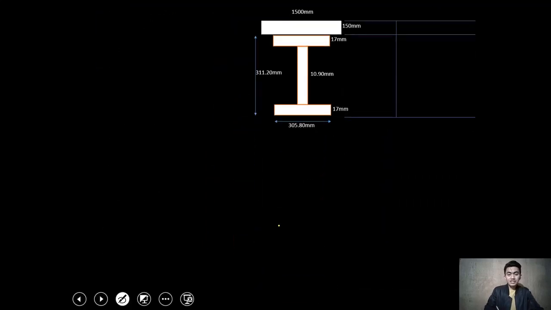Let us utilize this diagram. I have already placed some lines here for us to be able to draw later on when we have determined the location of the plastic neutral axis. The first step always is to locate the location of your PNA.